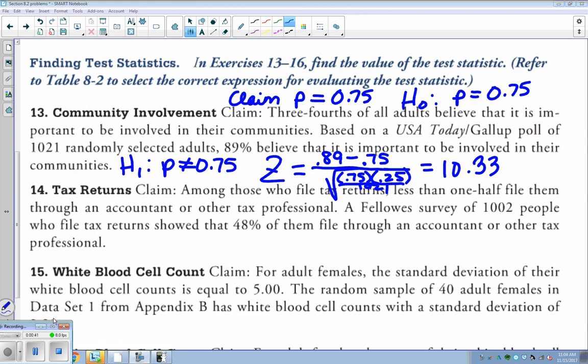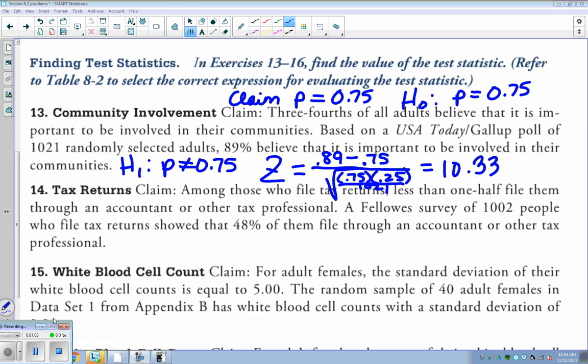That claim again says, among those who file tax returns, less than one half file them through an accountant or other tax professional. I'm going to first write my claim in symbolic form.